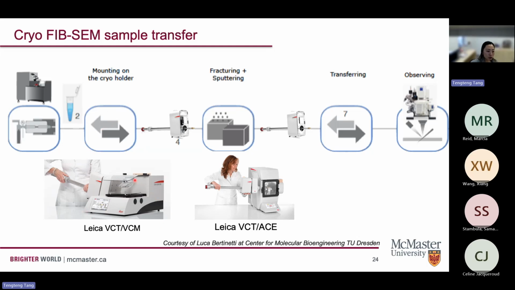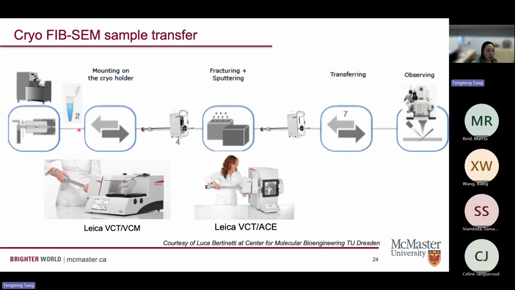to resort to some of the equipment shown here, which the CCEM has actually acquired since last year. So that involves the Leica VCM, VCT, as well as the Leica ACE. So I will talk about briefly how this transportation happens.